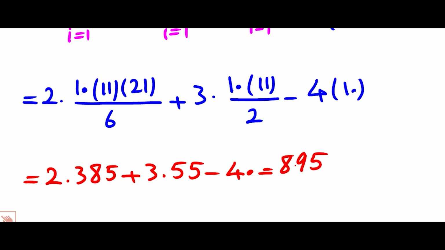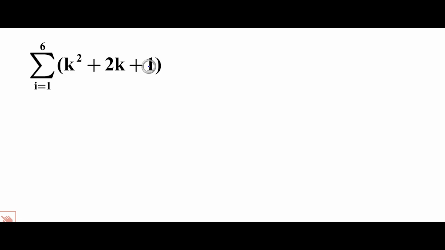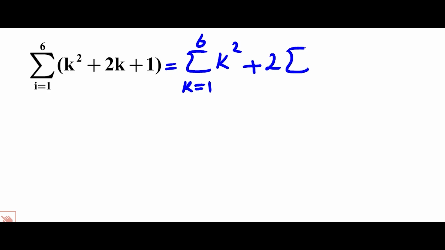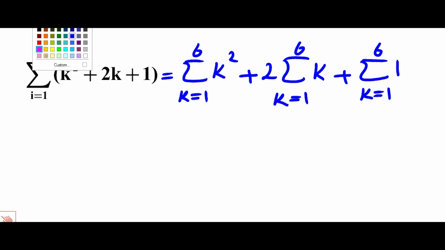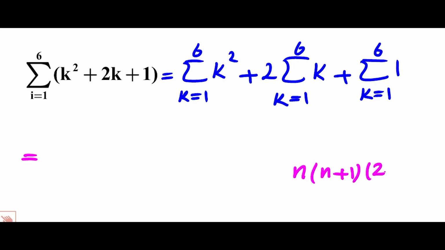So we have 895. The sum of k squared plus 2k plus 1. We have the sum of k squared from k equals 1 to 6 plus 2 times the sum of k from k equals 1 to 6 plus the sum of 1 from k equals 1 to 6, right? So we have the sum of k squared equals n times (n plus 1) times (2n plus 1) over 6.